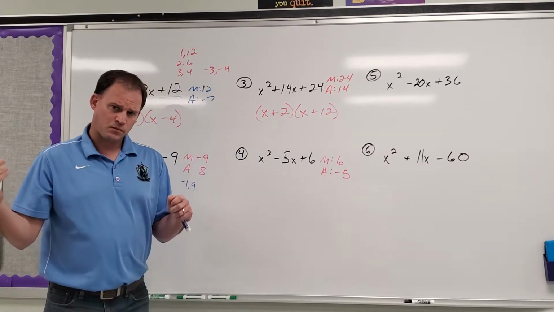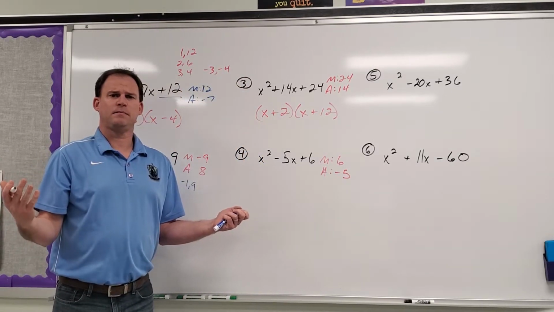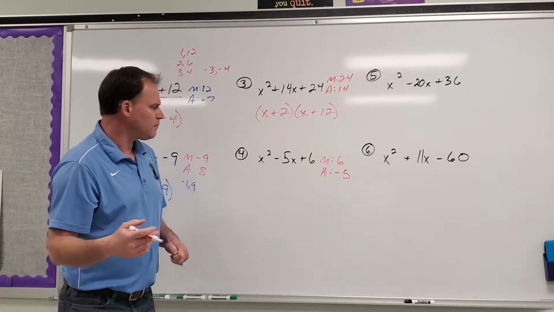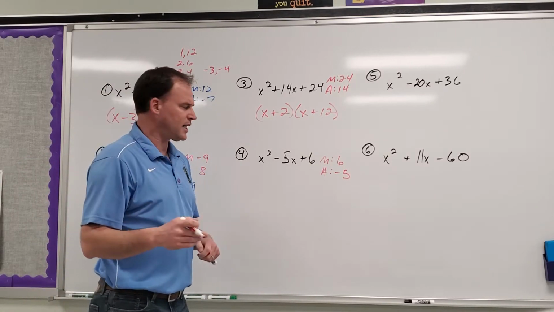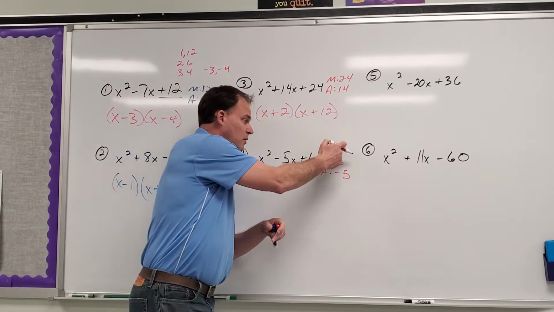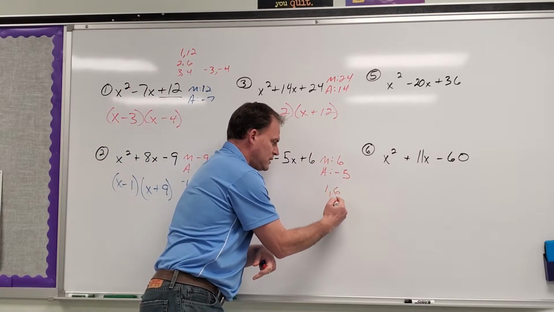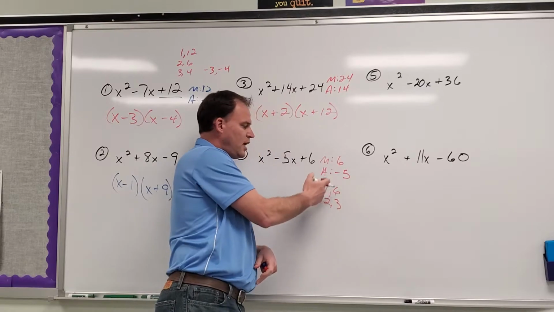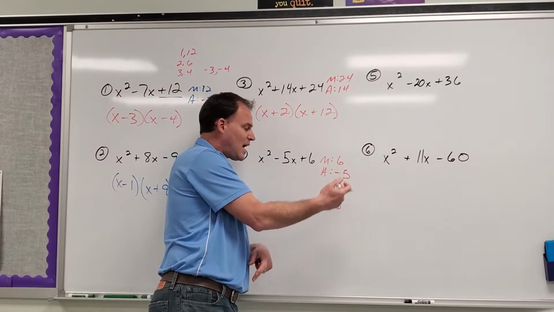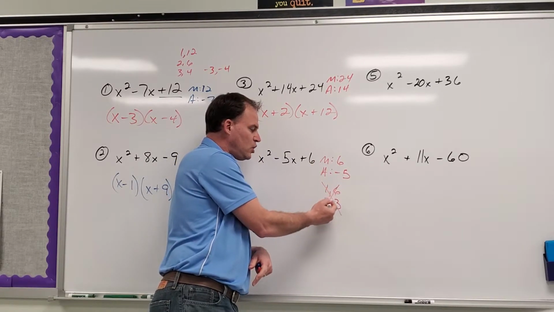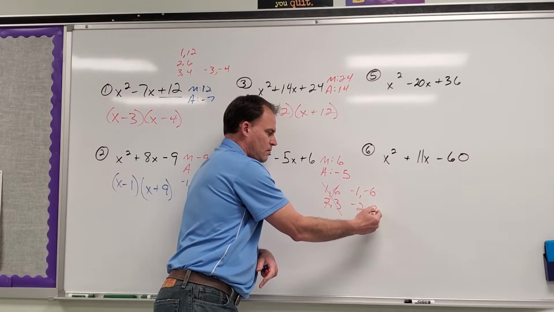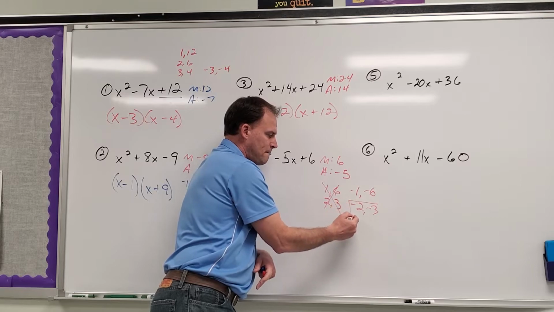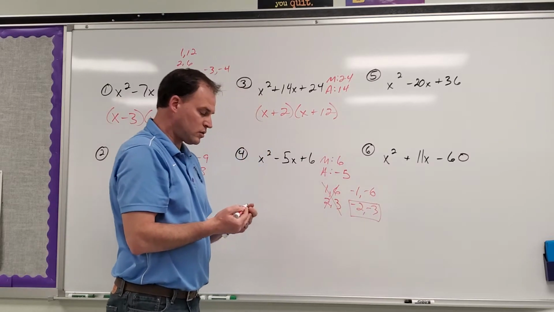Good. Everybody come up with it. All right. So I like writing out these negative ones just so everybody kind of gets to see the process we're going through. Multiply to be 6 would be 1, 6, 2, 3, but those are all positives. There's not even a reason to look at that list. There are my two numbers.